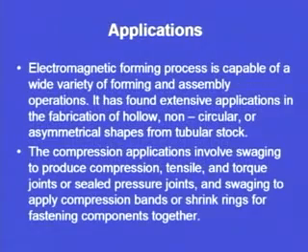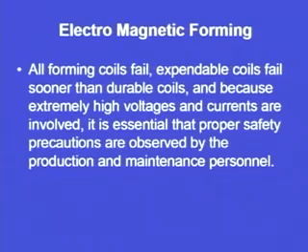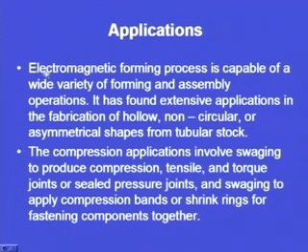Then coming to the applications of this process, that is electromagnetic forming. The electromagnetic forming process is capable of a wide variety of forming and assembly operations. It has found extensive applications in the fabrication of hollow, non-circular or asymmetrical shapes from tubular stock. So tubular stock can be converted into different types of shapes.